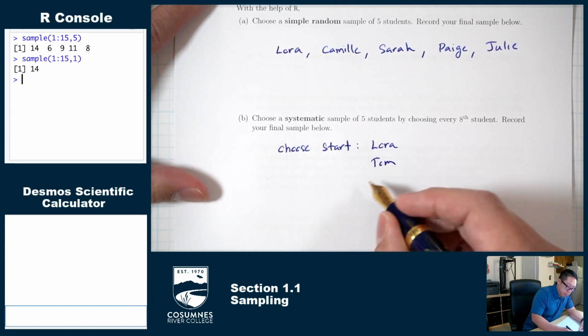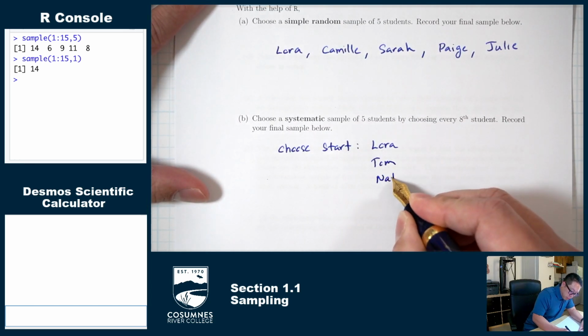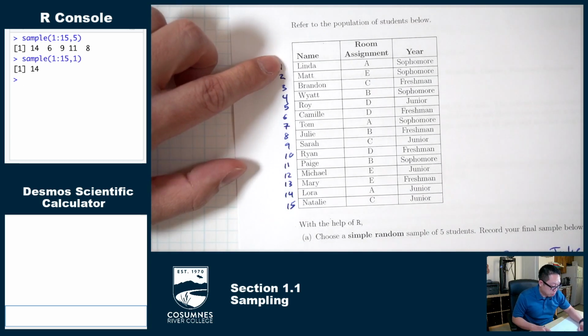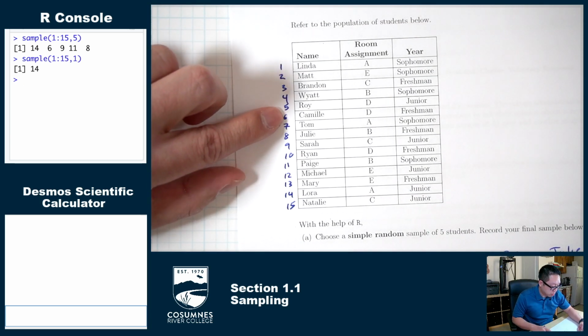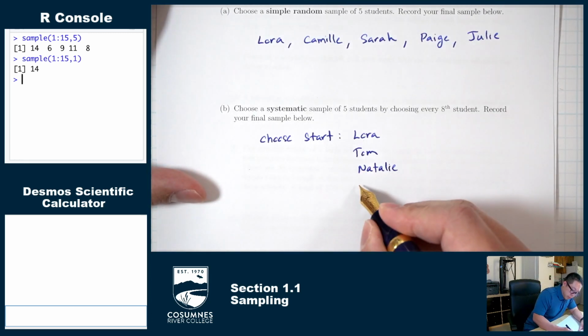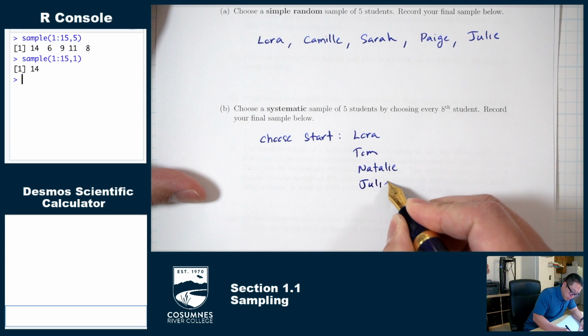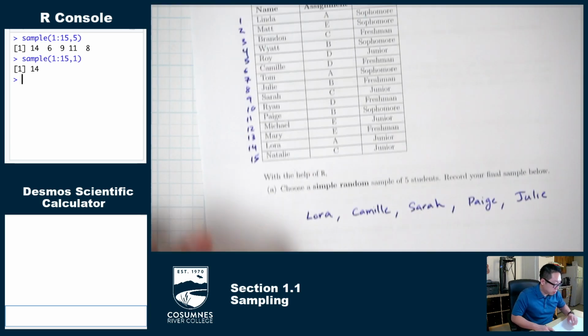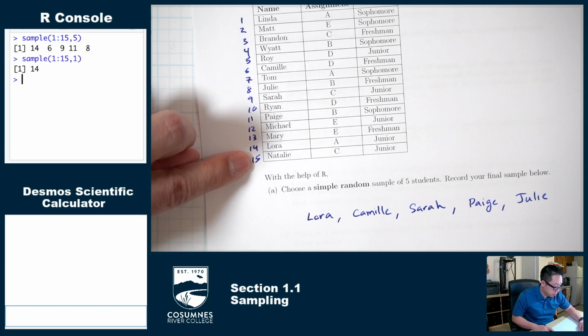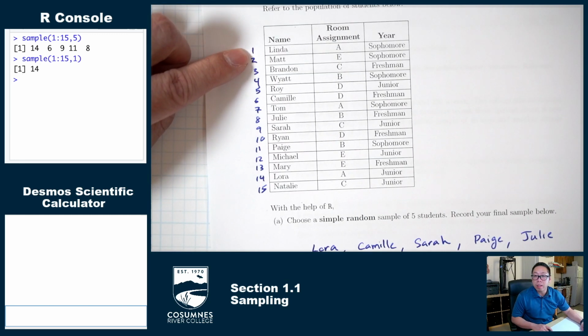Natalie. Count by 8 again. 1, 2, 3, 4, 5, 6, 7, 8. Julie. And then one more time, starting with Julie. 1, 2, 3, 4, 5, 6, 7, 8. And Linda.